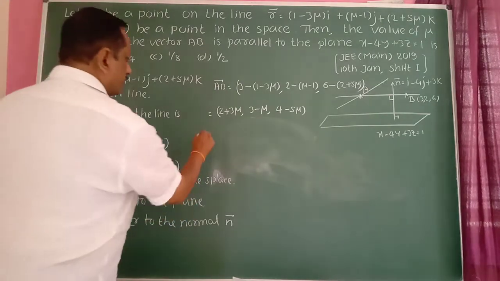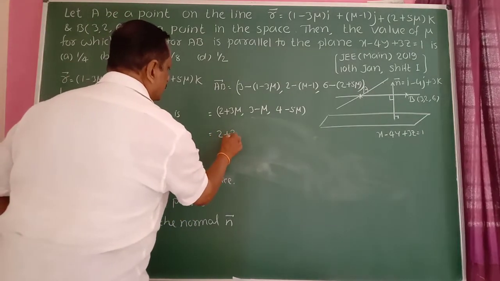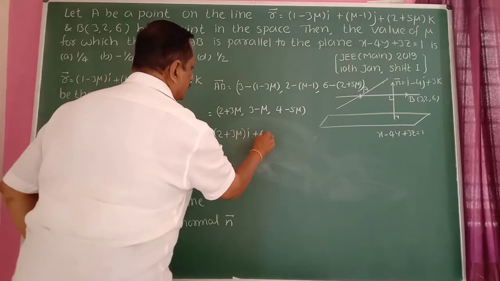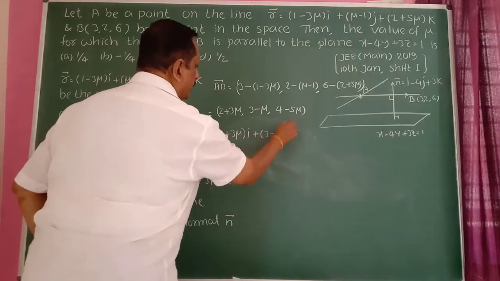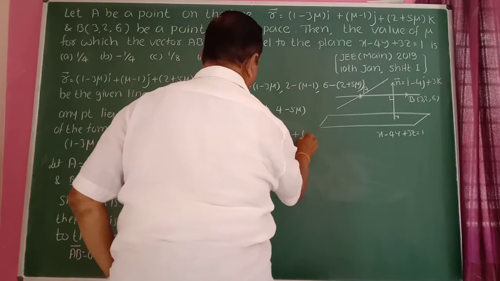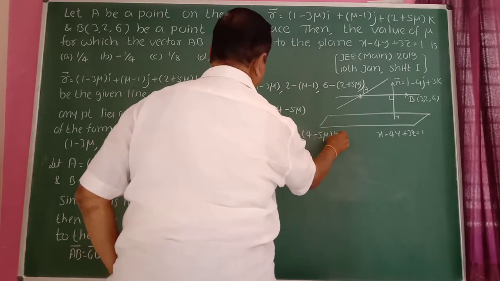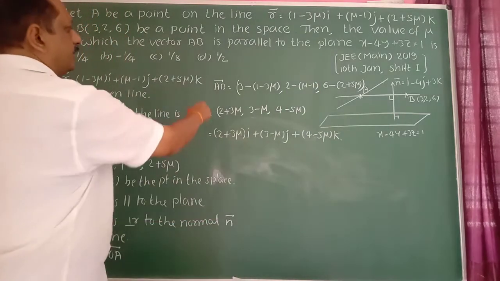That is (2 + 3μ)i + (3 - μ)j + (4 - 5μ)k. This is the vector AB.